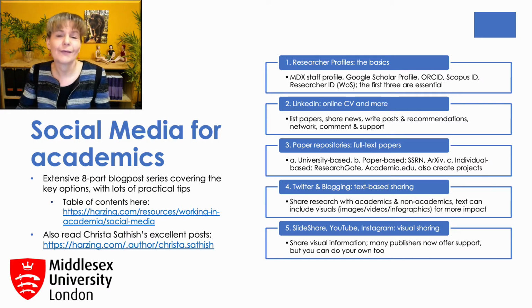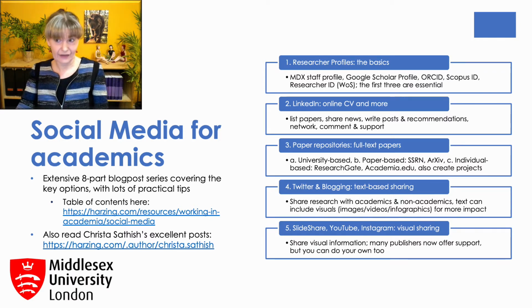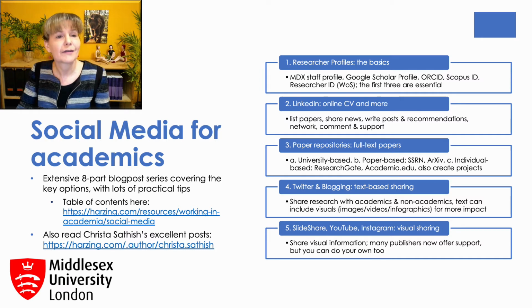Now, not all of them are strictly social media in that not all of them have an interactive element, but these are the ones that I think are most important for academics. First of all, research profiles, then LinkedIn, paper repositories, text-based sharing and visual sharing. I will discuss each of those in turn.